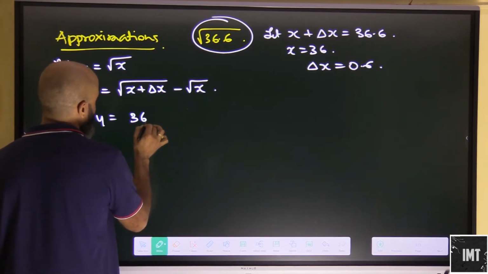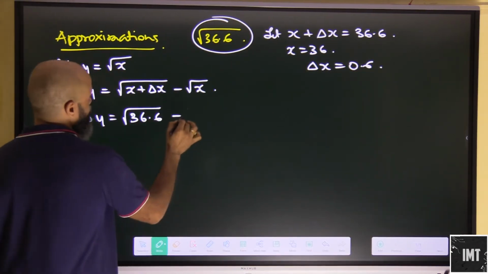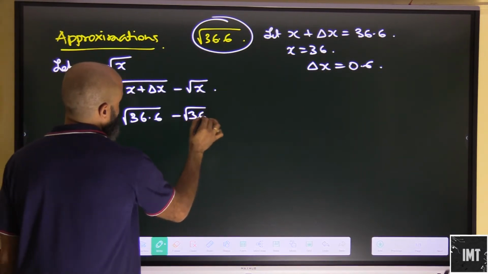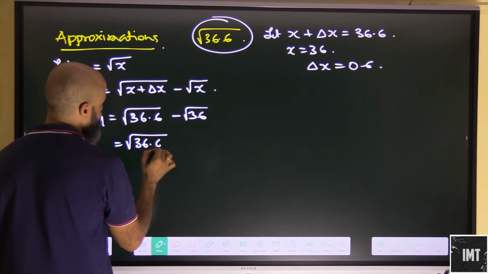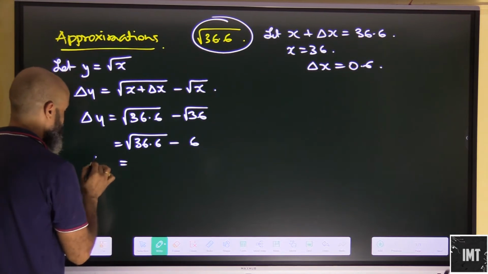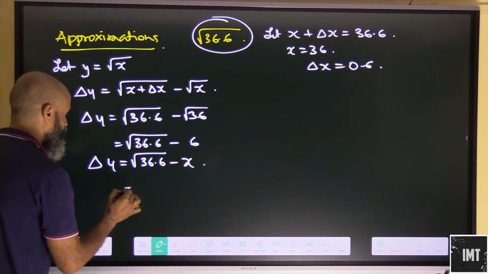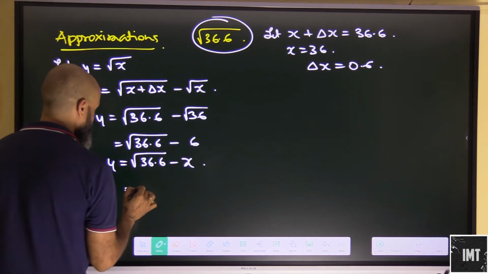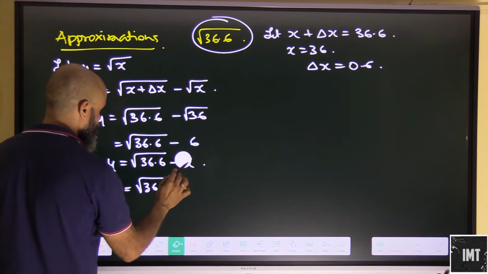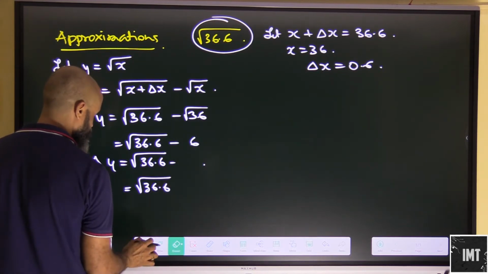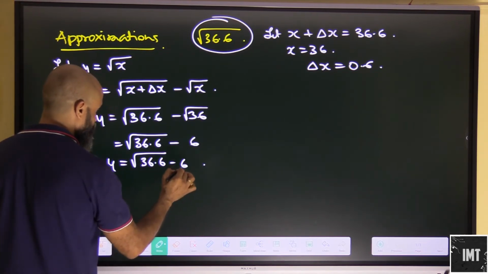So we can say that this would be under root 36.6 minus under root 36. x is 36, so this will be under root of 36.6 minus 6, where under root 36 is equal to 6.